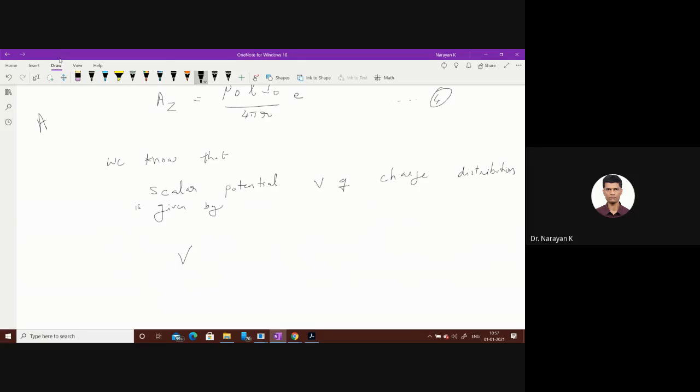This is your vector potential and V is your scalar potential. 1 upon 4 pi epsilon line integration of scalar potential V. This is retarded charge density rho by S d tau. Call this as equation number 5.